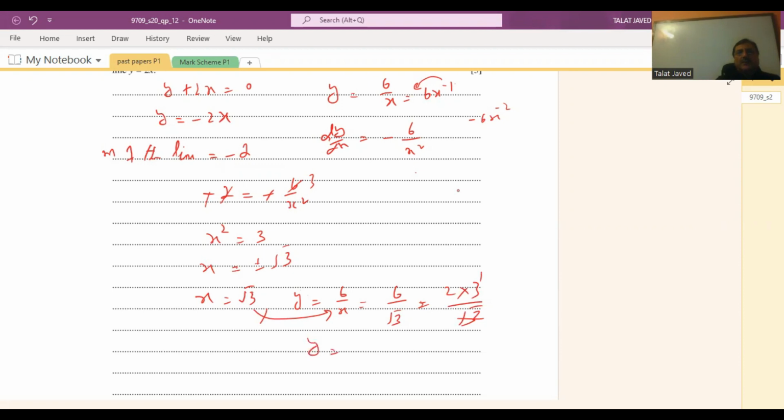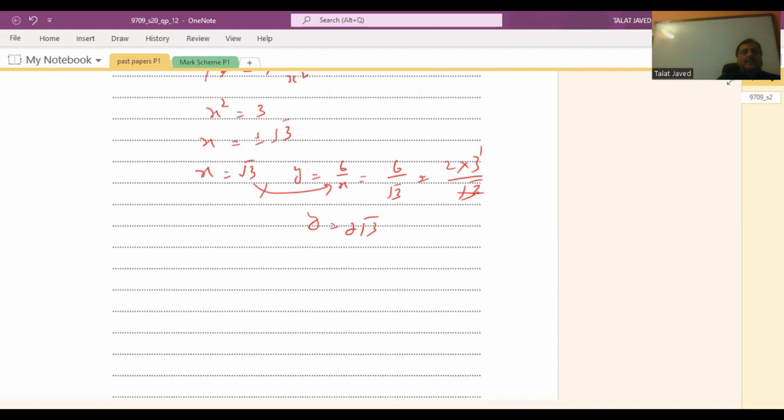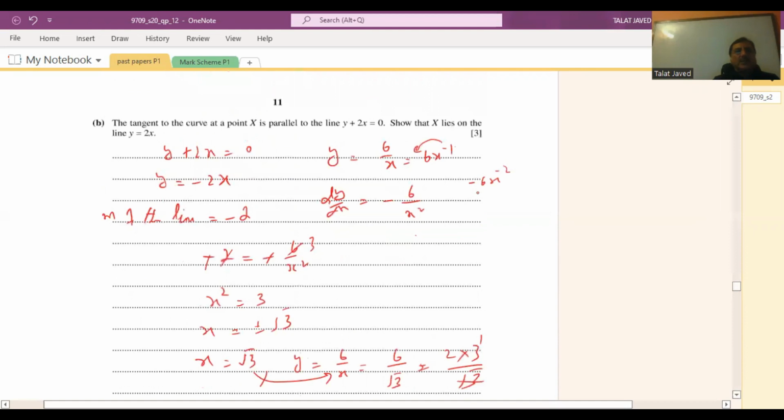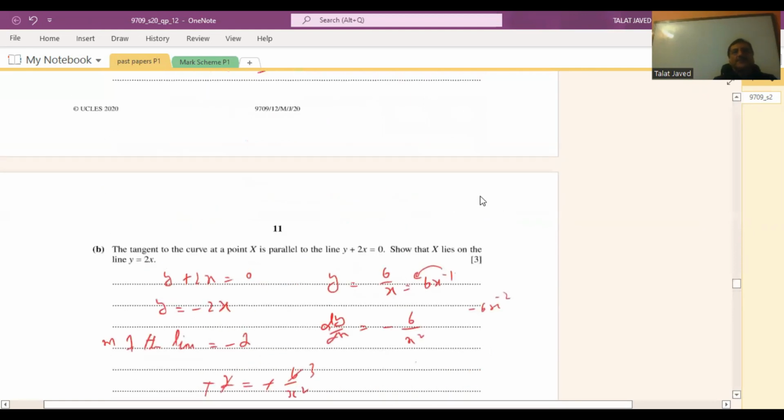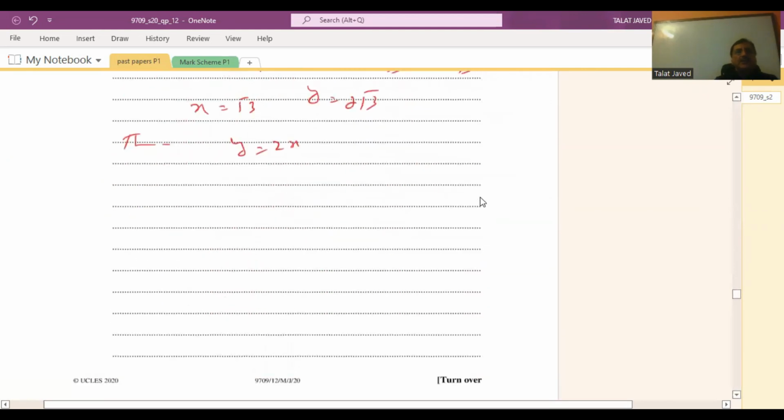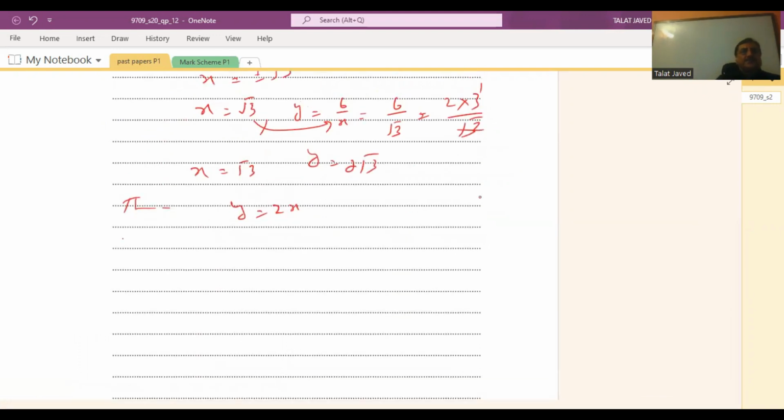So from here we get y equal to 2 root 3. This shows that x is root 3, and y equals 2x. This shows that x lies on the line.